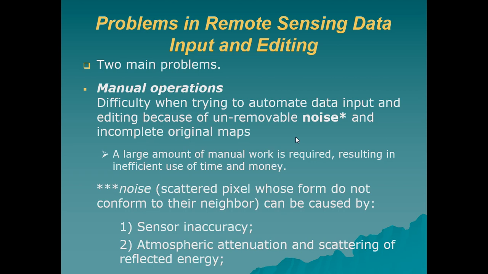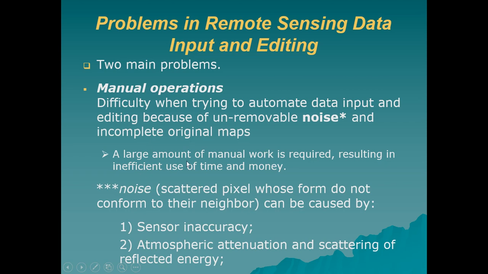And when we collect images, whether it is aerial photos or even satellite imagery, we can get a type of error called noise. And what is noise? Noise would be parts of the image where you would have scattered pixels whose form does not conform to their neighbor. In other words, a little fuzzy area in the image that just doesn't make a whole lot of sense.